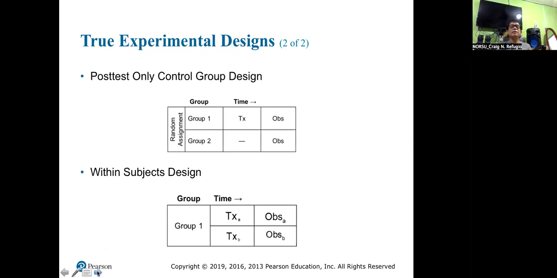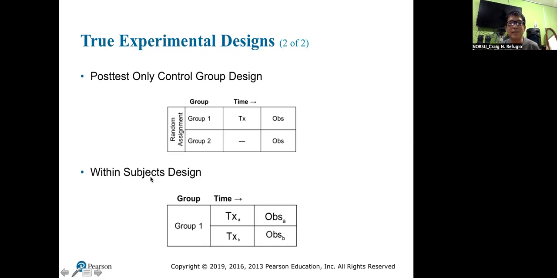Next is the post-test only control group design, with random assignment. We randomly assign participants to group 1 and group 2. Group 1 gets the treatment, group 2 none: group 1 is the experimental group and group 2 the control group. Finally, you have the observations at the end.